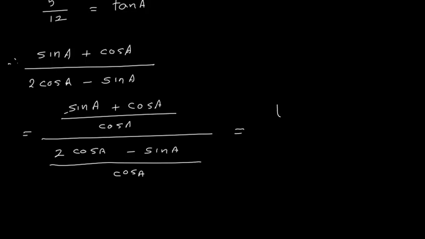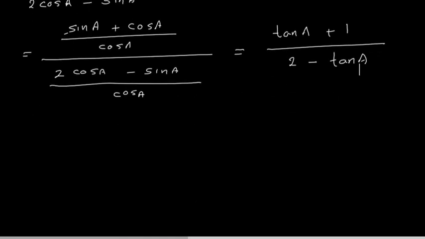Tan. So here we have tan A plus cos upon cos, which is 1, divided by 2 minus sin upon cos, which is tan A. So tan A plus 1 upon 2 minus tan A.